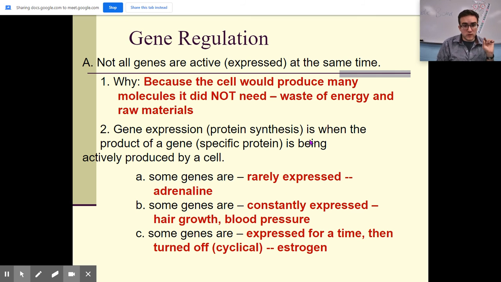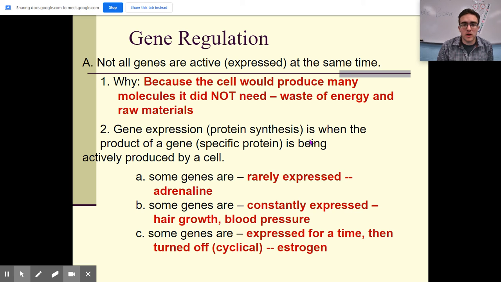Briefly, just real quick on gene regulation. So I briefly talked about this, but not all genes are actively expressed all the time. It's not beneficial to the cell. Really, it's just the proteins that need to get made are the ones that are being made. And it's just really a time thing because you're wasting energy and raw materials if you make all of them.